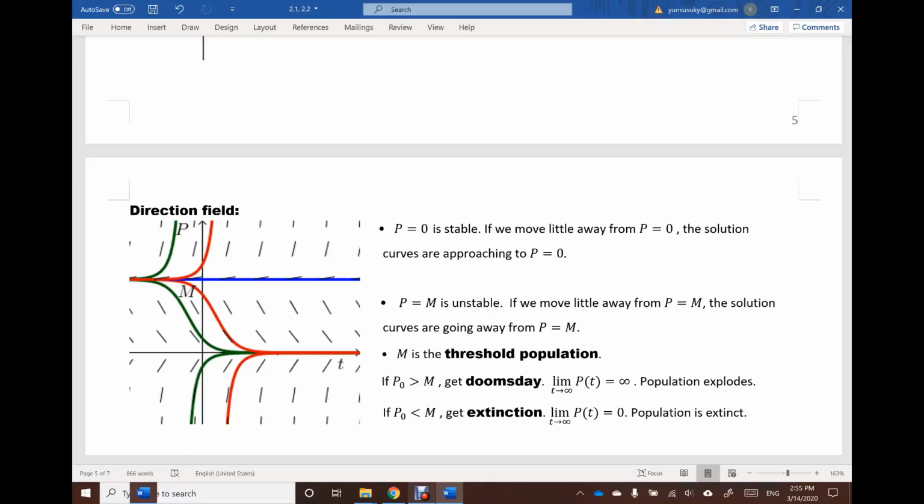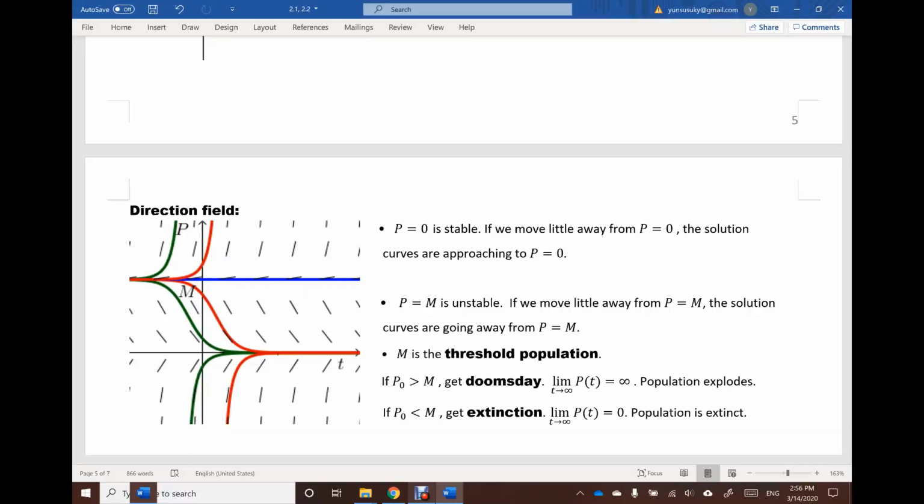P equals 0 is stable, because solutions are moving towards it. And P equals M is unstable because solutions are going away from it. We call M the threshold population.